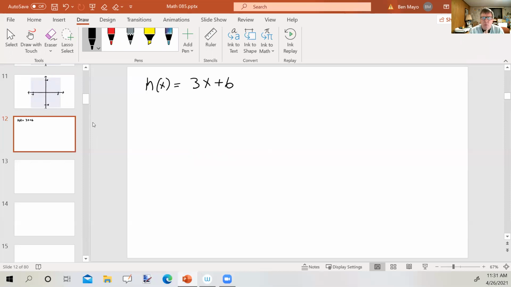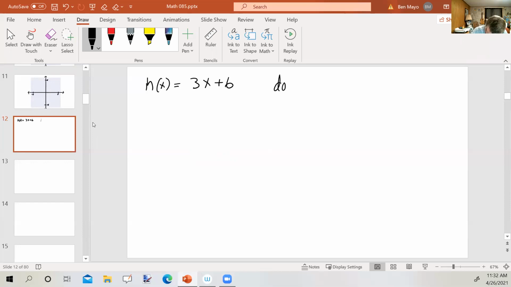Now, one of the things we need to be careful of is that we can't divide by 0. In fact, in this section, that's the main thing we need to watch out for. But looking at this function, there's no variable in the denominator, so no matter what real number we put in for x, we're going to get a real number coming back out. We're not going to get divided by 0.